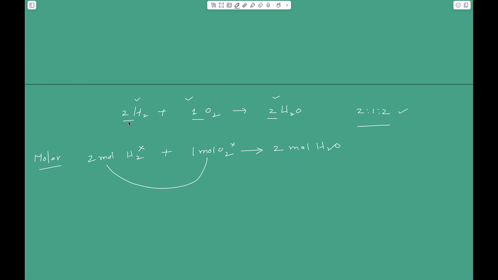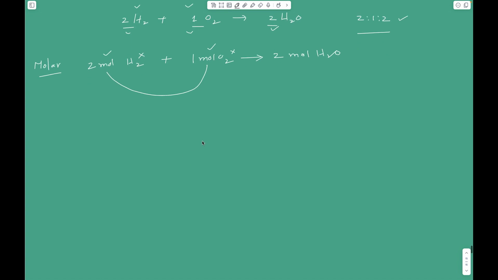That is what these stoichiometric coefficients mean. So they tell the proportion in which the reactants must be mixed so that they completely combine with one another without leaving any reactants left behind, without any wastages.